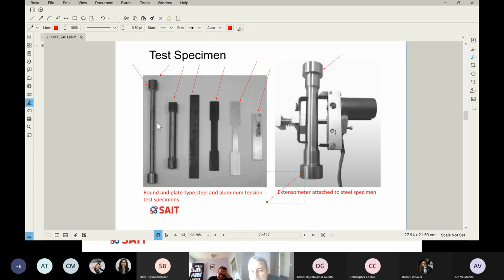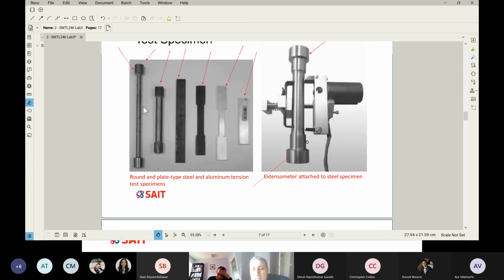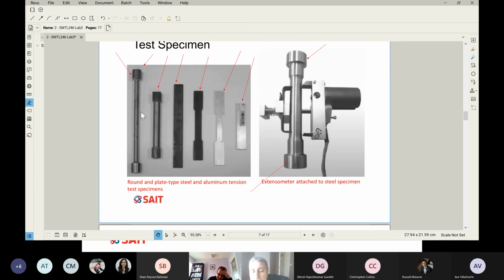Now, with the specimen, we are trying to measure a couple of things: the stress and strain. The stress is measured by the machine itself, while for the strain, we need a device called an extensometer. This extensometer measures the strain for us.